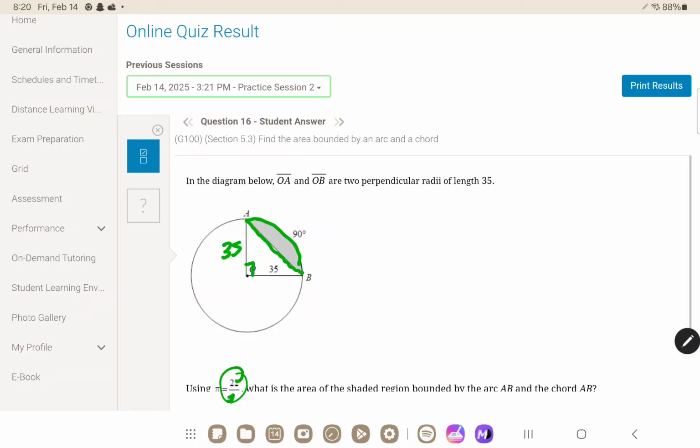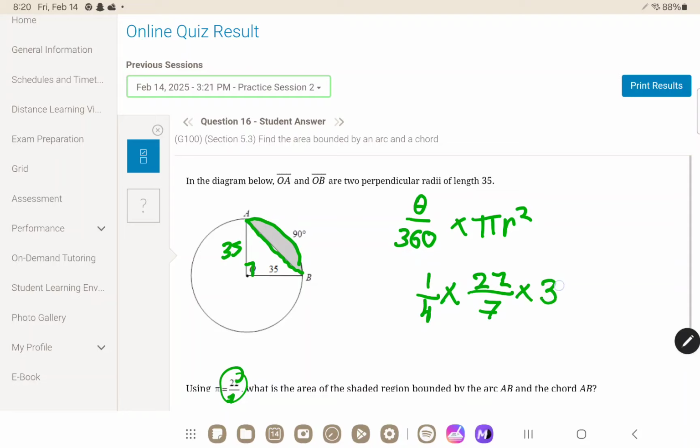Area of the arc, again, how do we find it? You're going to find it by doing theta over 360 times pi r squared. Now 90 over 360, I'm just going to write it as 1 over 4 times pi, which they asked us to use as 22 over 7, times r squared, now 35 squared. You're going to get an answer like 962.5.